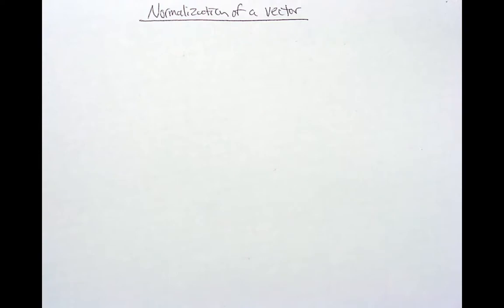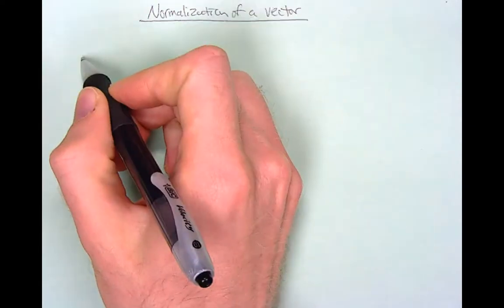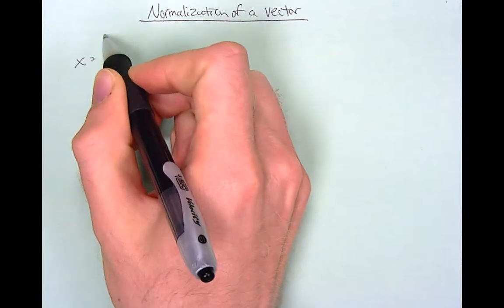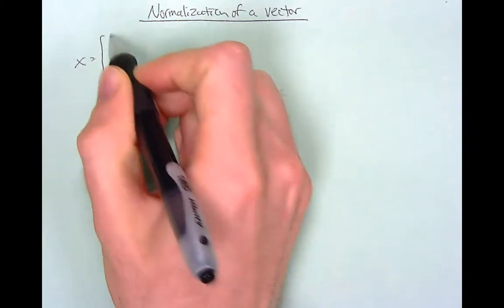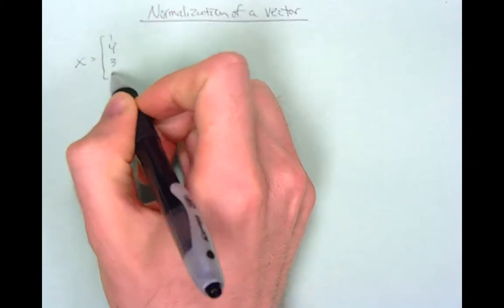One example of where this is useful is in the process of extracting the eigenvectors of a matrix. Eigenvectors are defined only up to an arbitrary multiplier. For example, if the first eigenvector of, let's say, a matrix S were to come out to be x equals 1, 4, 3, 2.